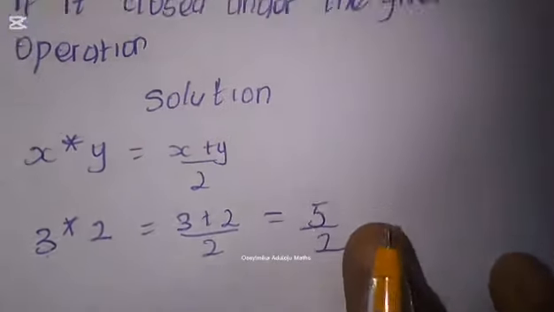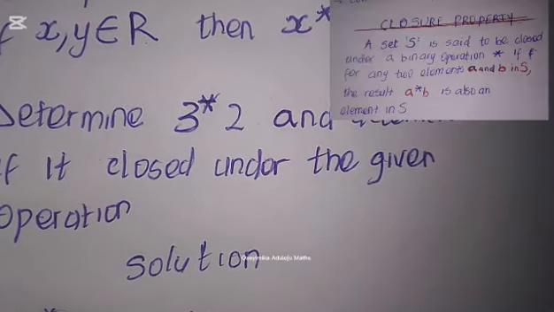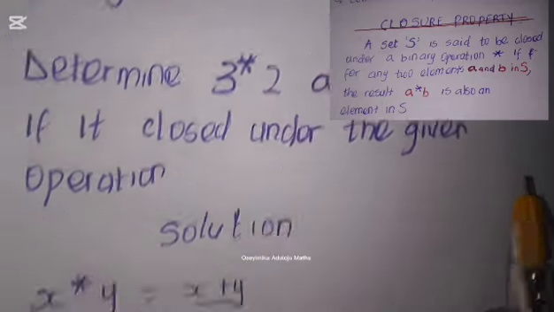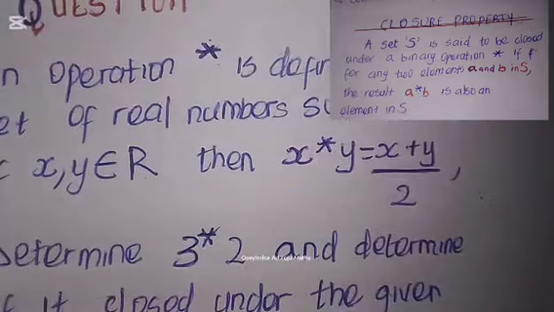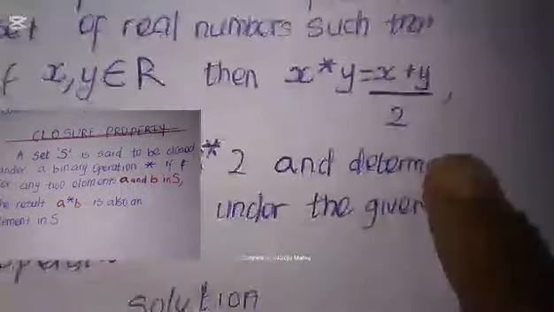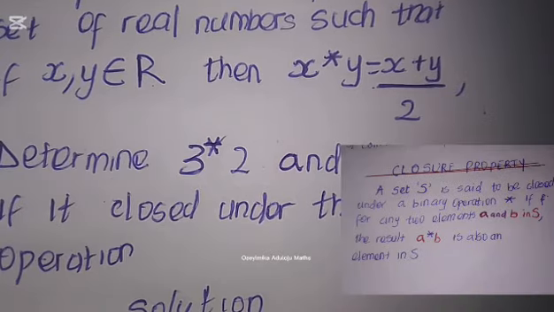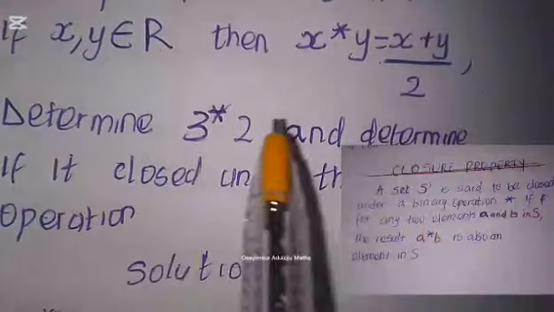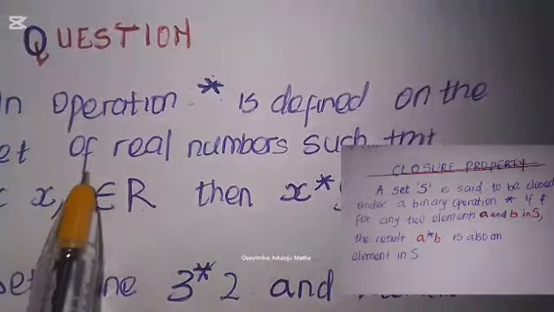So from the definition of a closure property, I said if a set S is said to be closed under a binary operation asterisk, the binary operation is the symbol given here, asterisk. For any two elements, the elements here are X and Y, the result A asterisk B is also an element in S. That is, the result for this 3 asterisk 2 is also an element in the set of real numbers.